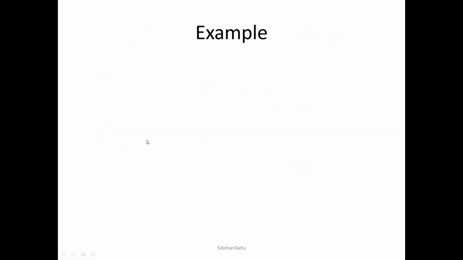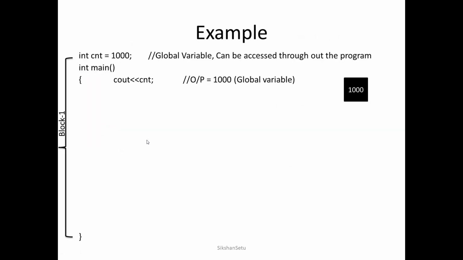We try to understand this by example. So the same example we are taking here. I have declared a global variable CNT. So in memory there is only one CNT. When I print cout CNT, definitely only one CNT exists, so it will not be confused and it will print 1000 on the screen.